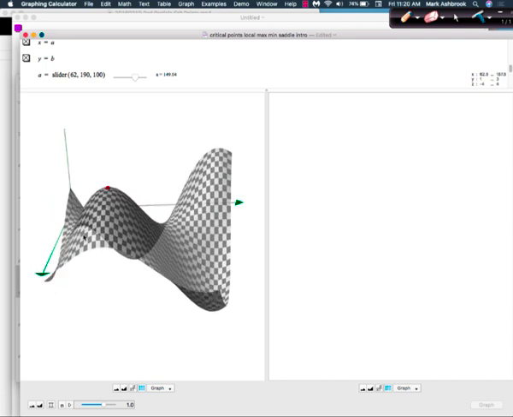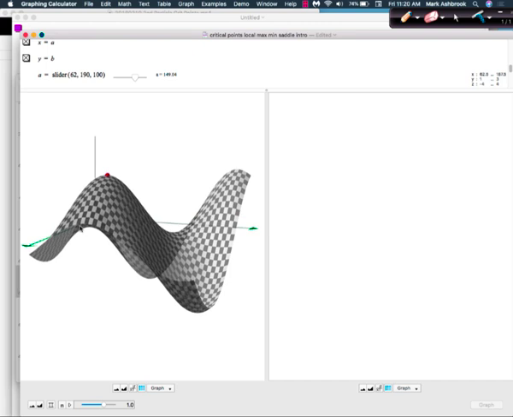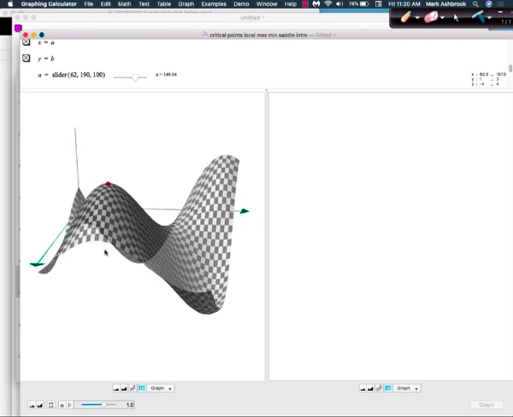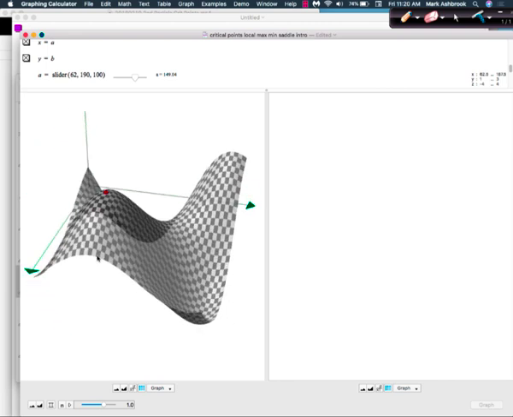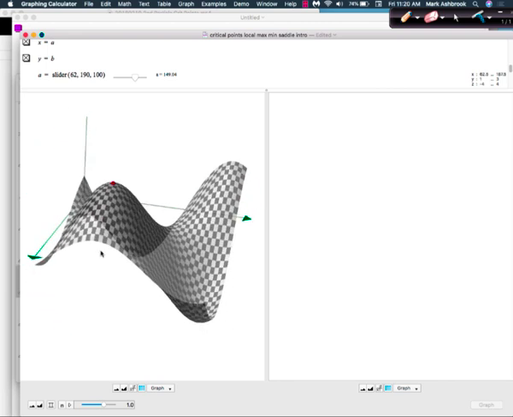So where else in this picture do we have both first derivatives equaling 0? At the very bottom, right? So where's that?